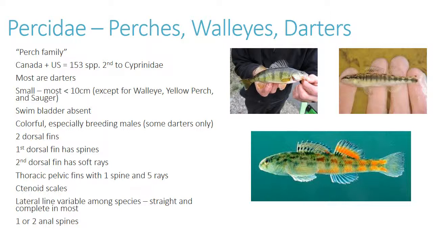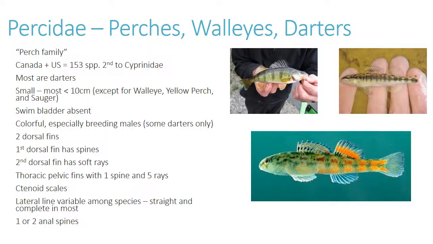Next family, Percidae. These are the perches, walleyes, and darters. Percidae literally means the perch family. In the U.S. and Canada, there are 153 species, so this family is second only to Cyprinidae in number of species.